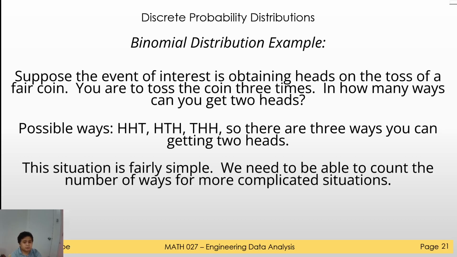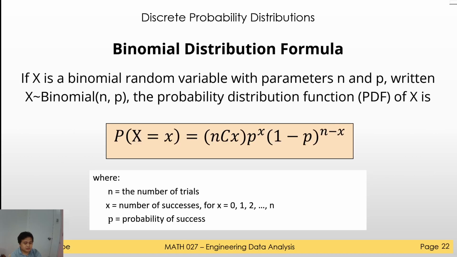But there is a simple way to do this, a distinguished formula that we can use to figure out the probability of this happening, and that is the binomial distribution formula. This is actually the probability distribution function. Why is this a function?